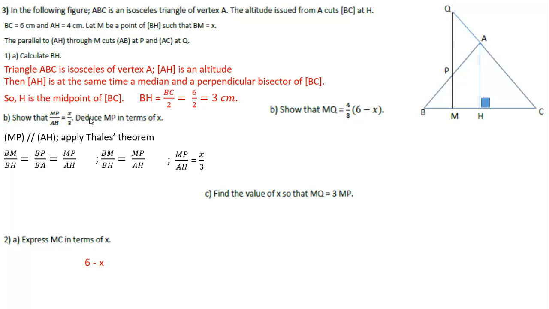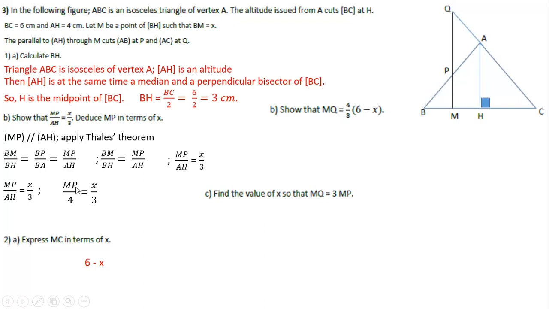Now, Mahdi, we should deduce MP in terms of X. Do you have the measure of AH in the question? Yes, it's 4 centimeters. So let's take this ratio MP over AH equal X over 3 and we replace AH by how much? By 4. So we have MP over 4 equal X over 3.